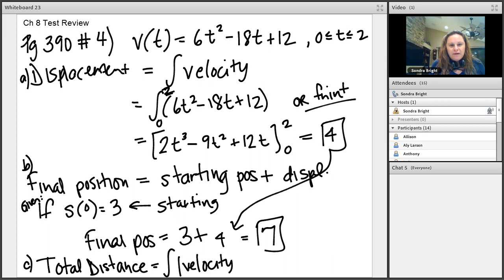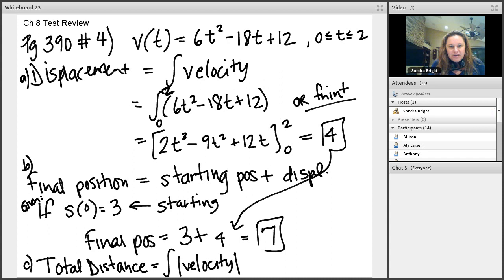If I were to leave home, go to work, and then drive back home, my displacement is 0, right? I'm starting at the same spot I started. That's displacement, how far away from your starting position. But that doesn't mean I didn't travel a distance. Of course I did. I traveled the distance from my home to school and then school to home. So that's the difference between displacement and distance.